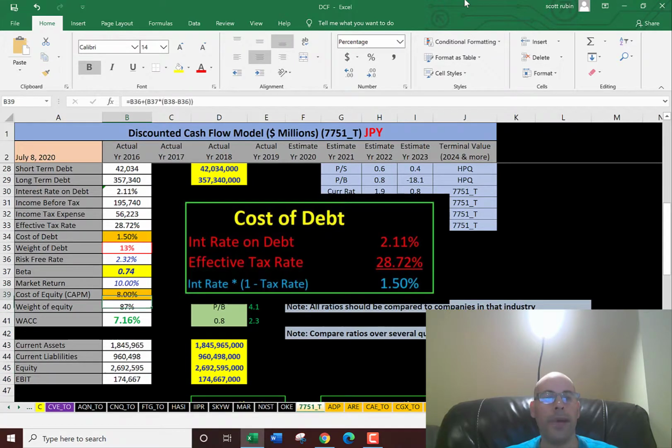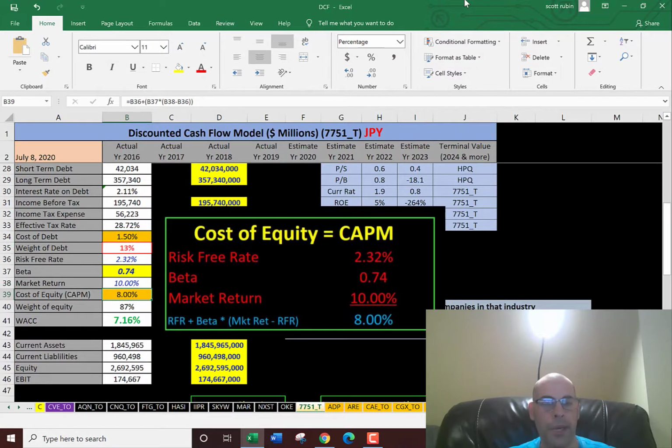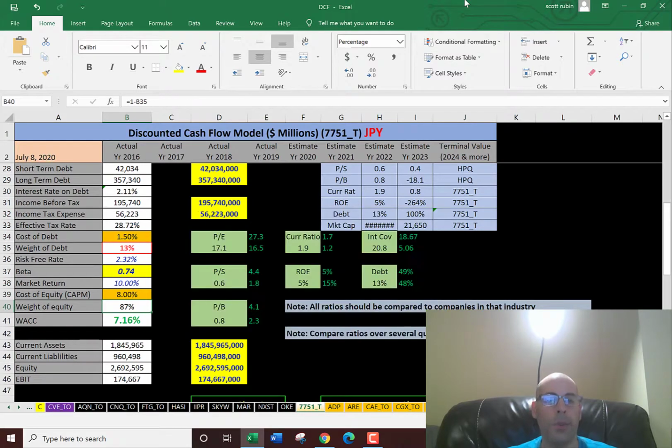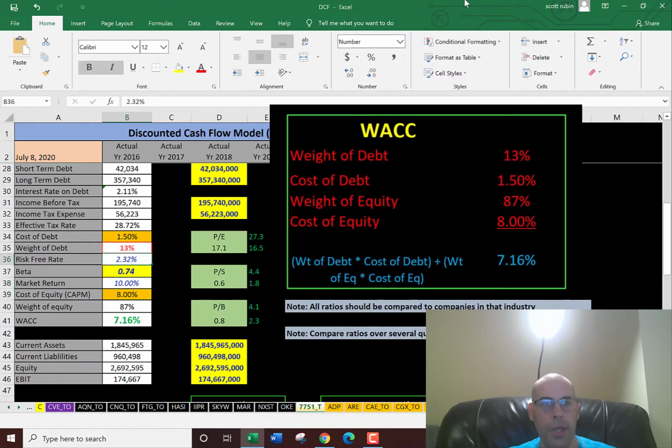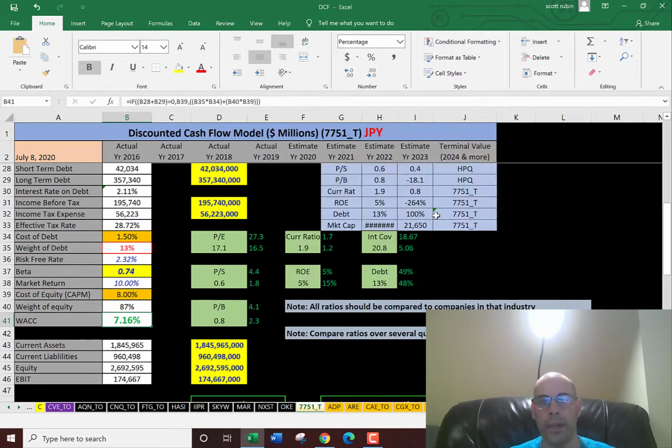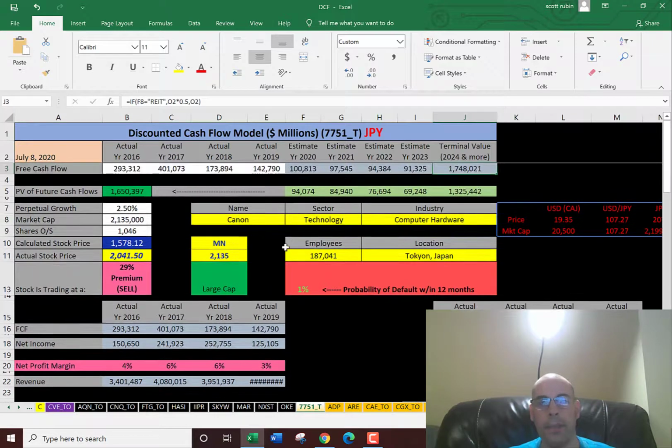Their cost of debt is 1.5%, and they have 13% of debt in their capital structure. The cost of equity is 8%, and they have 87% of equity in their capital structure. So the weighted average cost of capital is a combination of the cost of debt and cost of equity. That's 7.16%, and that's what we're going to discount the future cash flows by. We estimated 4 years of future free cash flows.